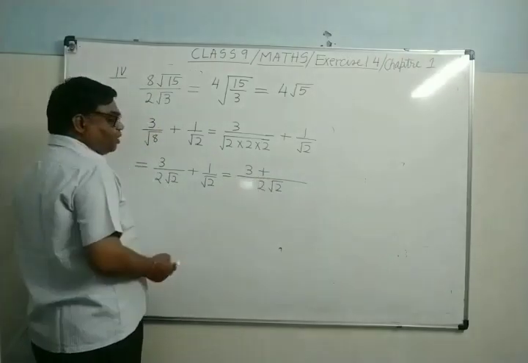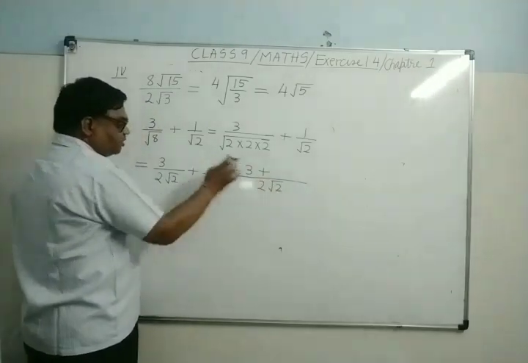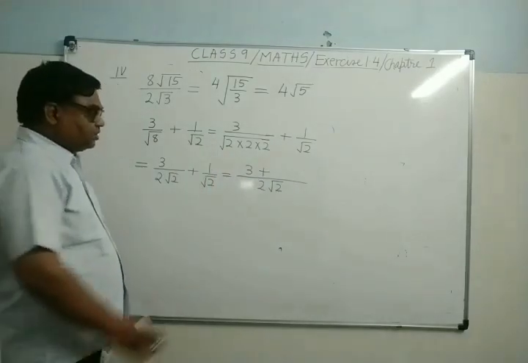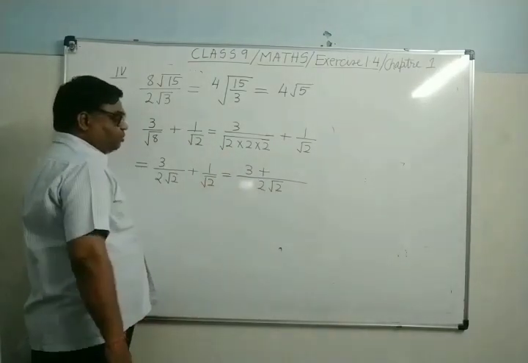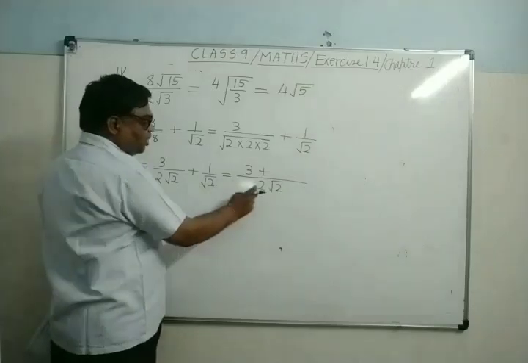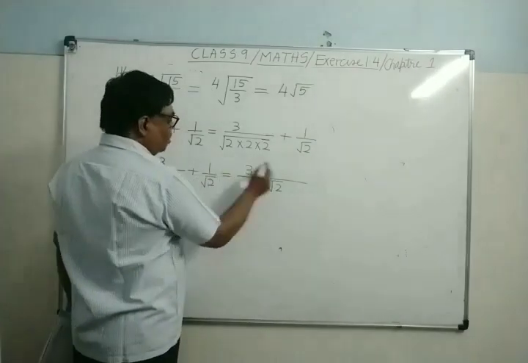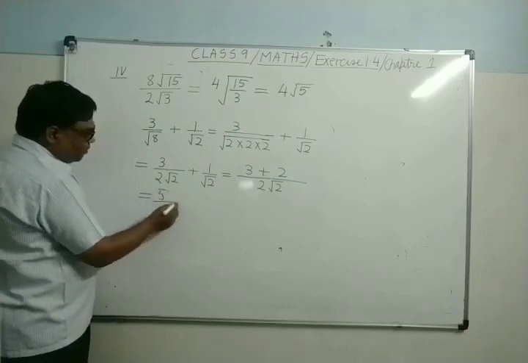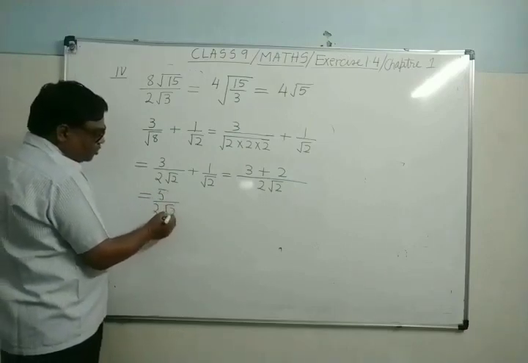Is it clear? So when you divide the LCM by root 2, you will get 2. LCM will be divided by the denominator of this fraction, so you will get 2. So 2 into 1, 2. So it is 5 upon 2 root 2.